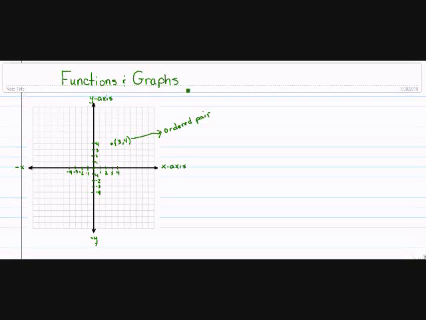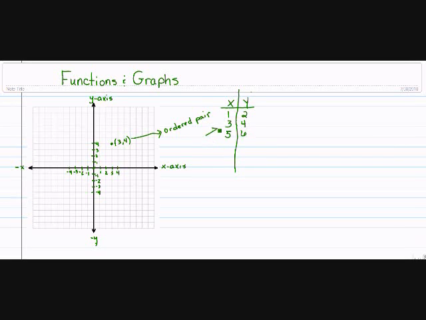If I were going to see, I can look at my ordered pairs in a table. Well, your x, y. If I had 1, 2, these are just examples.